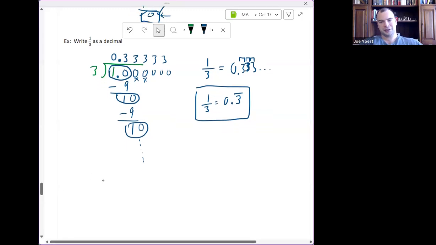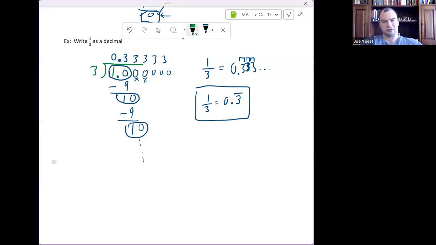Now, a little note on notation. Just for instance, in a different problem, if I had 0.271, 271, 271, 271, forever, if the 271 kept repeating, I would write this as 0.271 repeating like that.